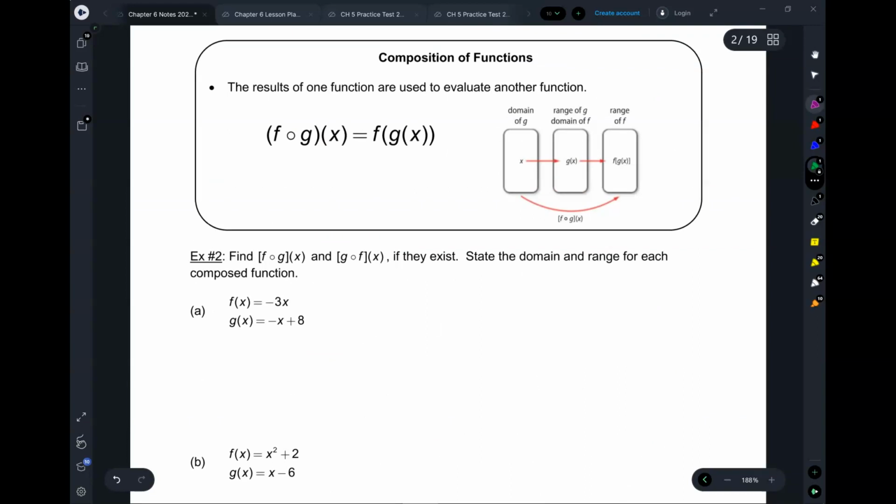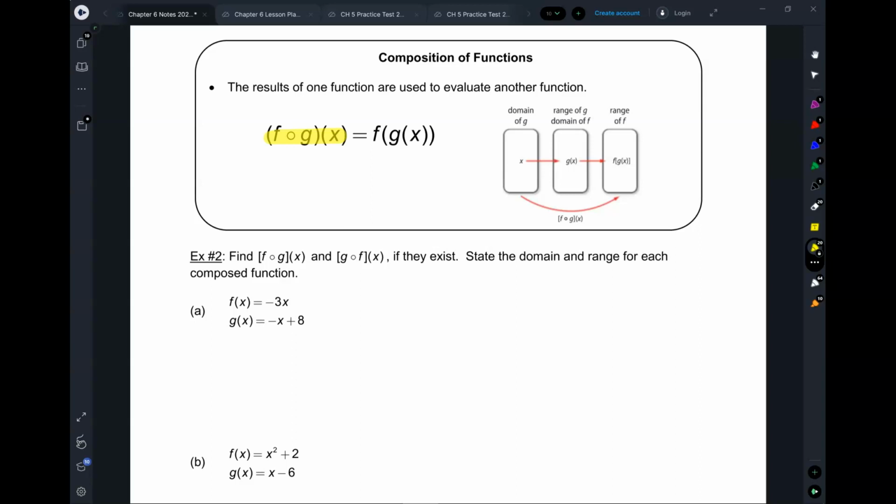Okay, so let's talk about composition of functions. Composition of functions is when one function is used to evaluate another function. In other words, if you have one function inserted or nested into a different function, all right? The notation for it is this: f circle g of x.